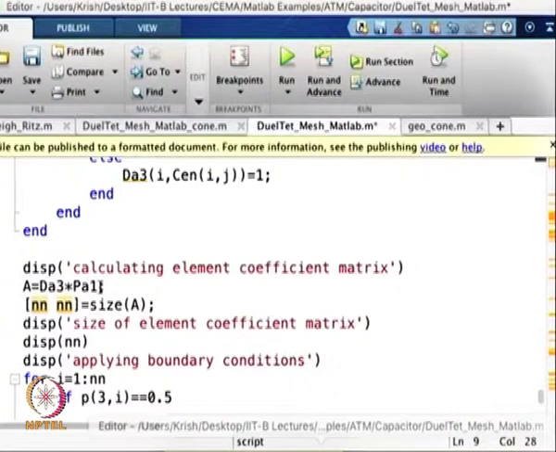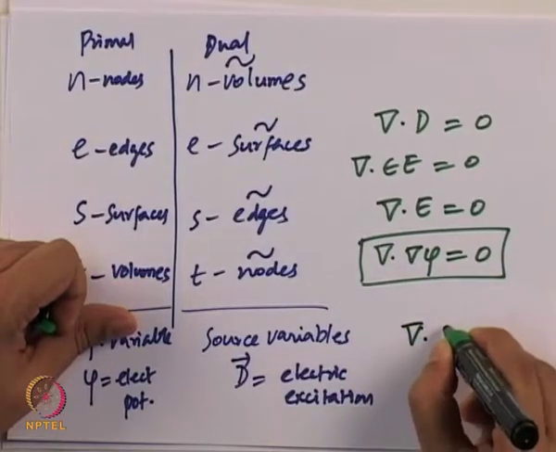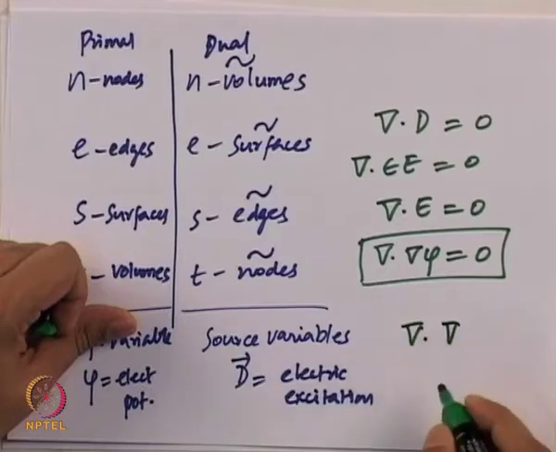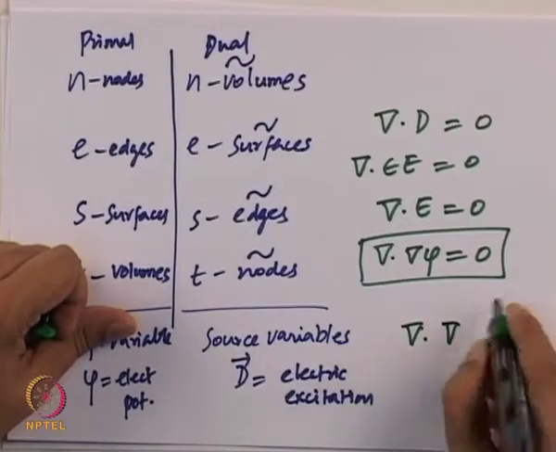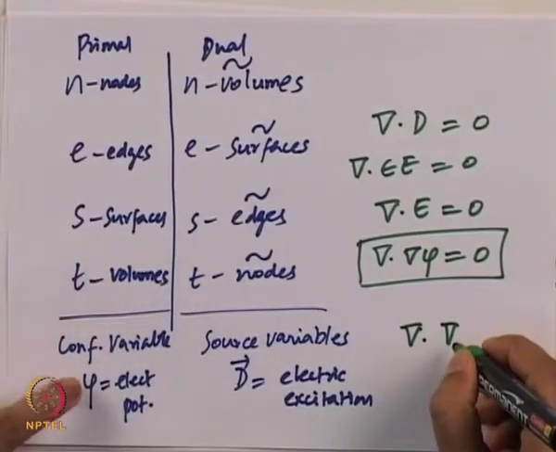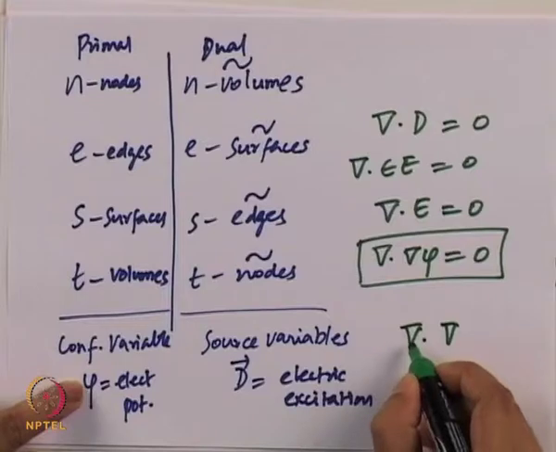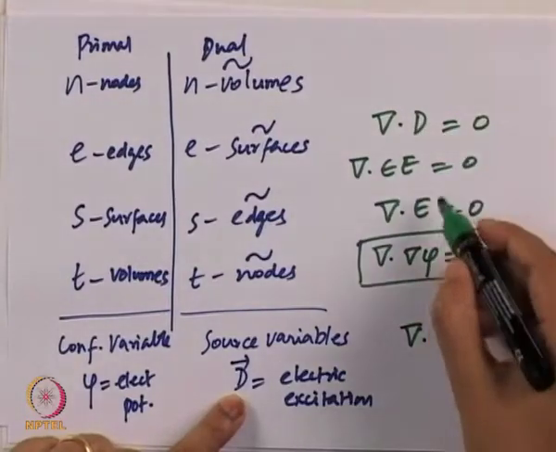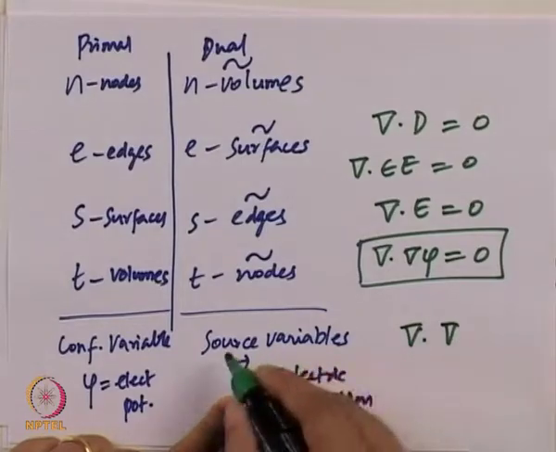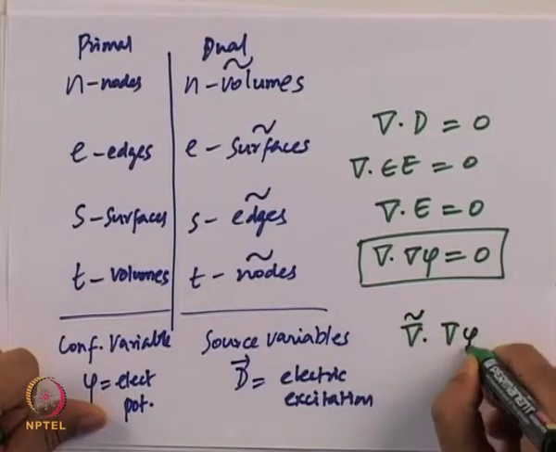What we have done here is we have got a variable A. So basically this is the variable that we are talking about. This is the divergence dot the gradient. So this is an operator that we are looking at. The operator has two components. The one acting on phi, and phi is on the primal grid, so it will be written with no tilde, whereas the one that is operating on D, which is this entire term, is going to be on the source variable and on the dual grid, so we have a tilde, and this is phi equal to 0.